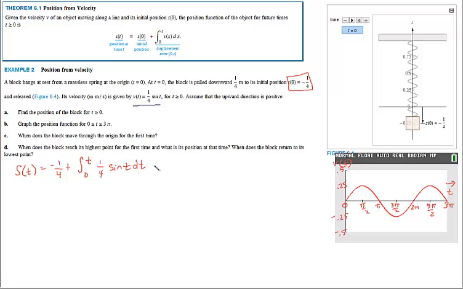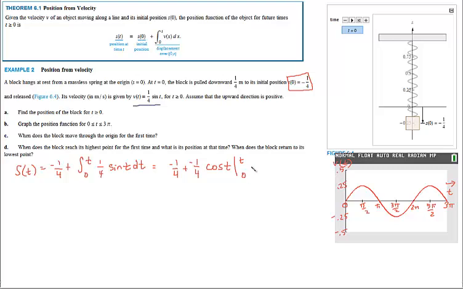I'm going to integrate that, and I will get -1/4 plus, and then I'll get -1/4 cosine t. This is then evaluated from 0 to t.